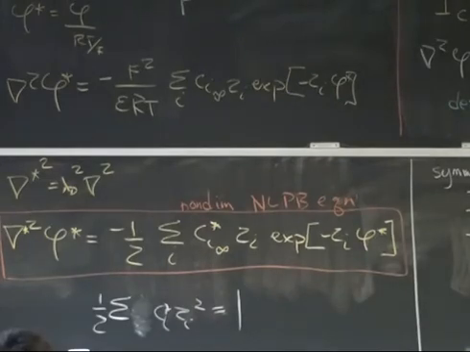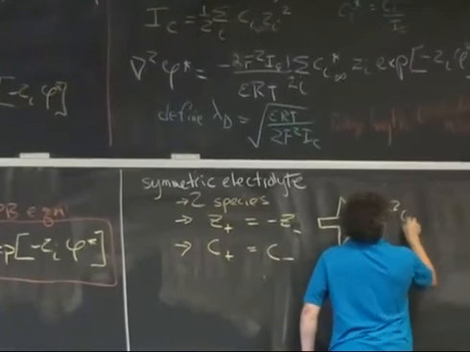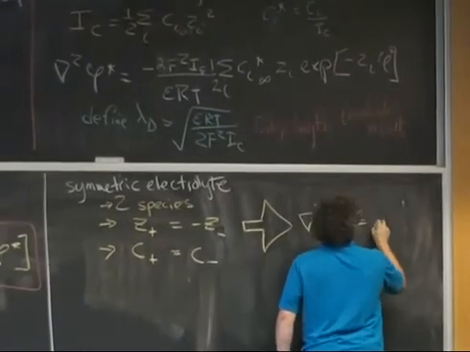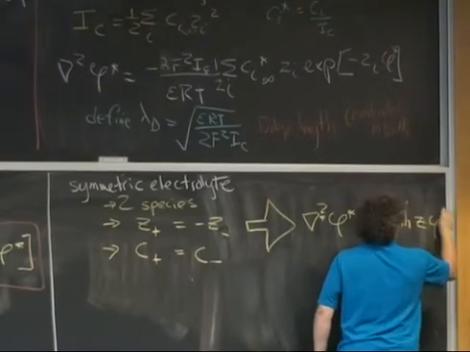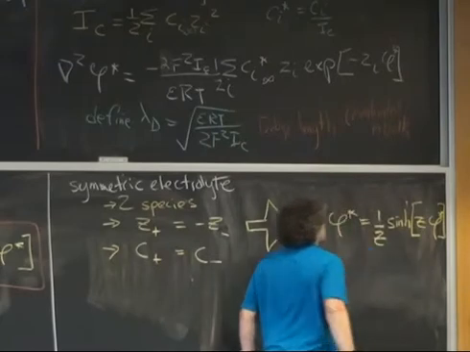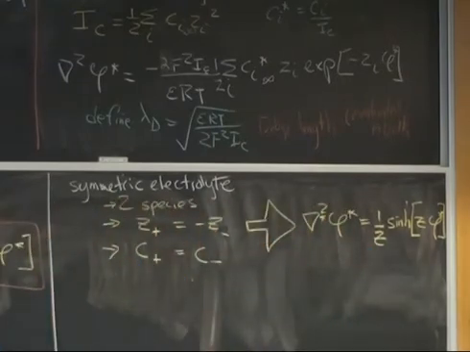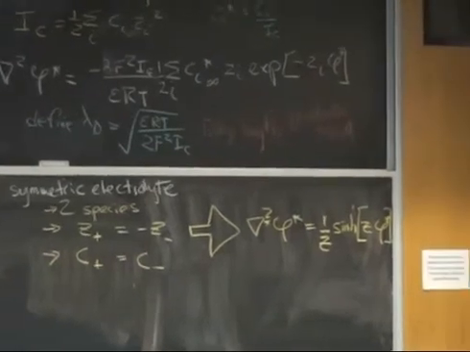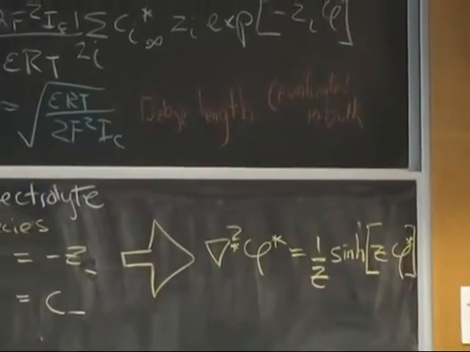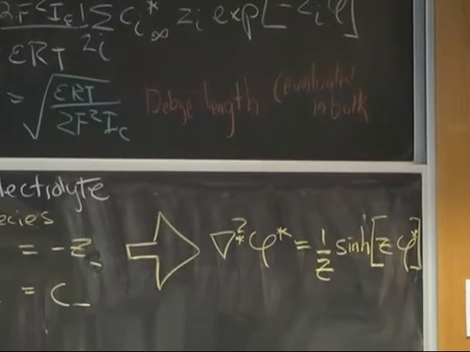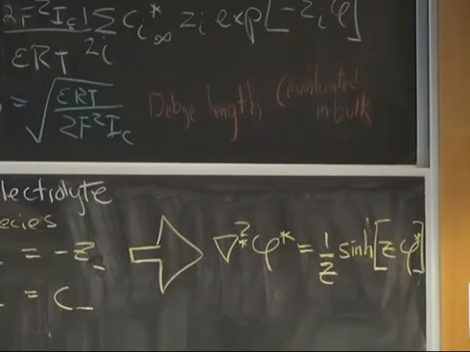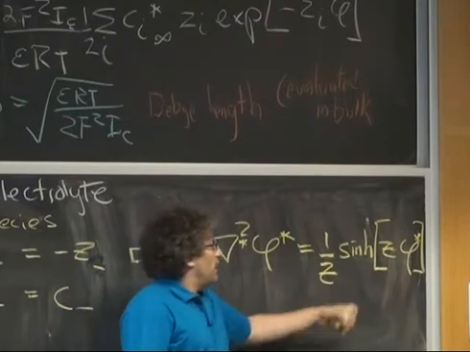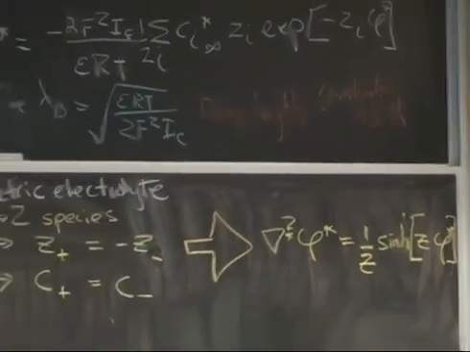And when I do this, I get this expression. And so by assuming that it's symmetric, I took this sum, which tends to make things awkward. I was able to recast this as the sum and difference of positive and negative exponentials. And now I have this hyperbolic sine.